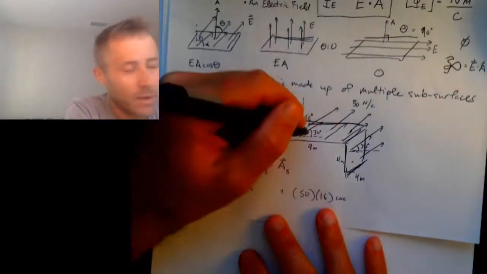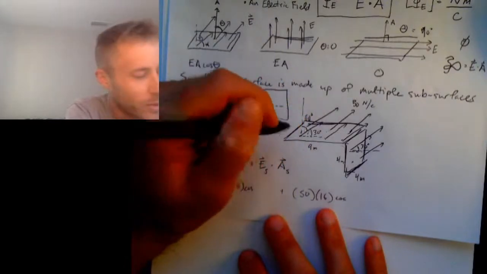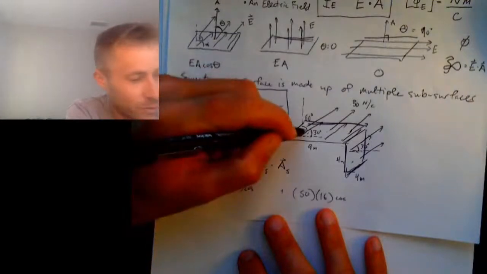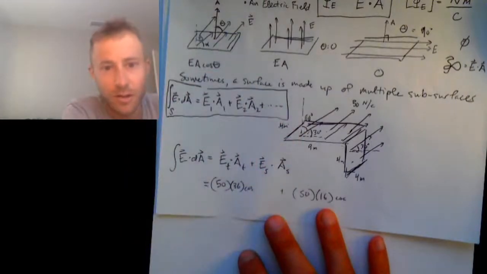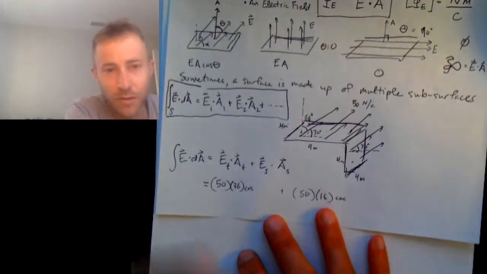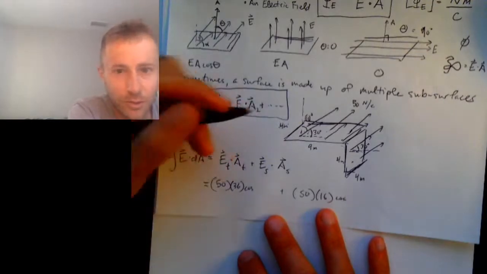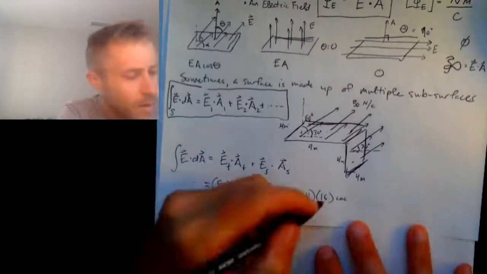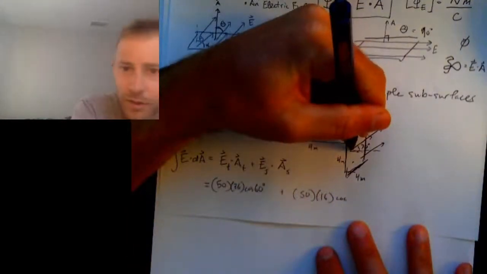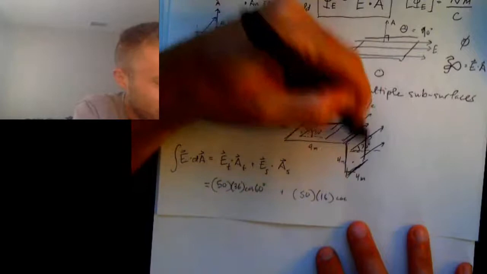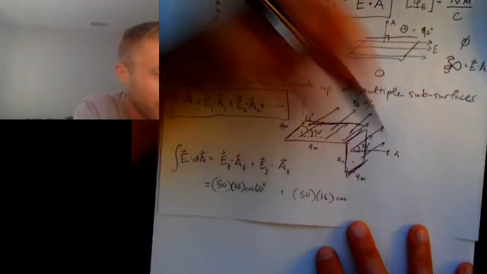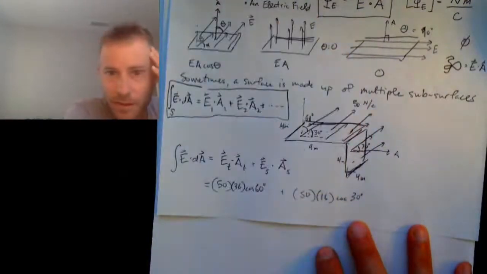I've seen lots of questions where they try to trick you by giving you the wrong angle. And really you're supposed to use the other angle because the direction of the area vector is perpendicular to the surface. So this would be 60 degrees. And then the normal to this face is going to point to the right. So that's the direction of the area vector. So here the angle actually is 30 degrees.